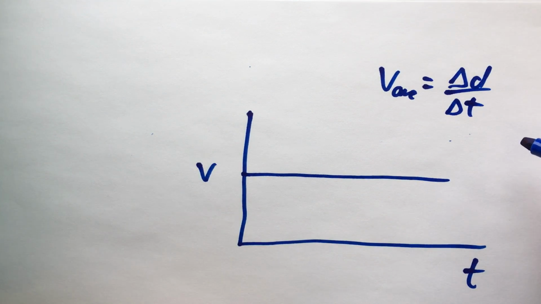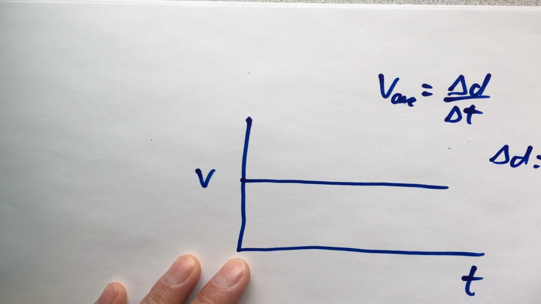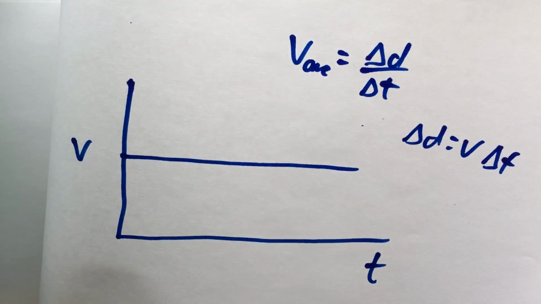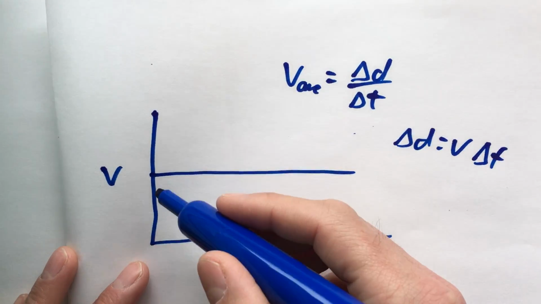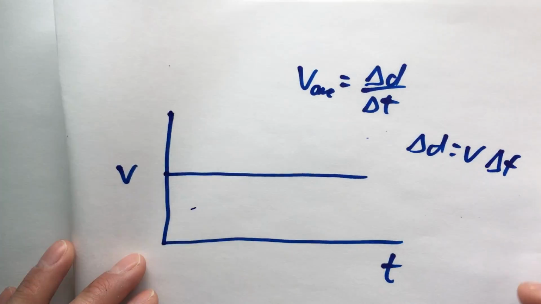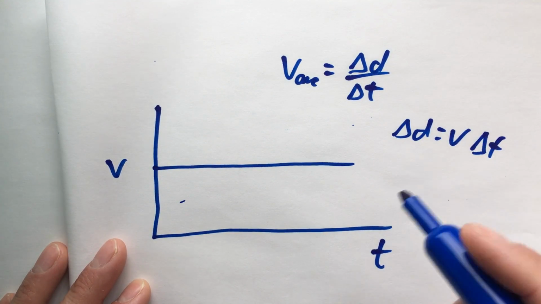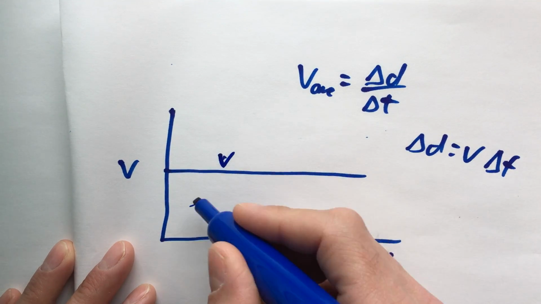A simple rearrangement shows you that displacement is equal to velocity times time. Now consider this. If you have velocity here and time there, the product of the two is equal to the velocity times time.